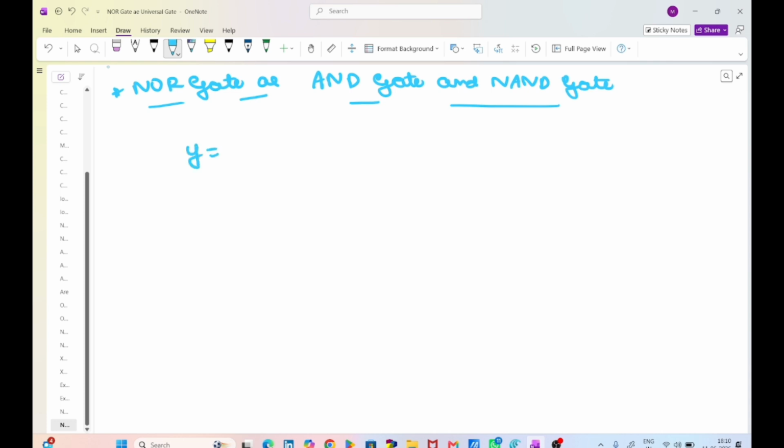Let Y is equal to A bar plus B bar whole bar. Through De Morgan's law, it will become A bar whole bar dot B bar whole bar, which is A dot B. That means we need to give the inputs as A bar and B bar.